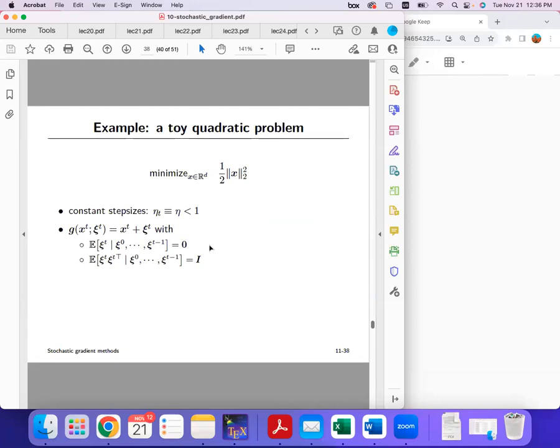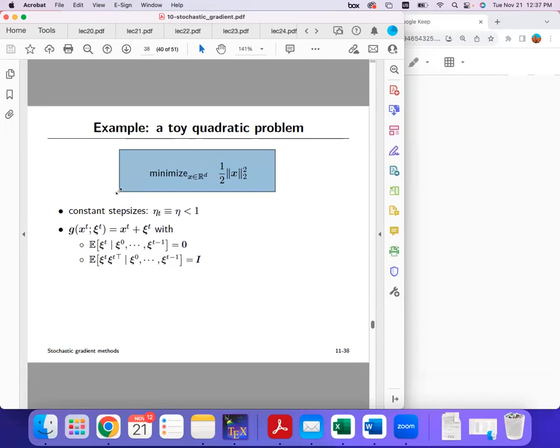Here I give a very simple toy example to illustrate this idea. We can consider minimizing this simple quadratic function. We know the minimizer is at 0. And this function is strongly convex, and it's also smooth.